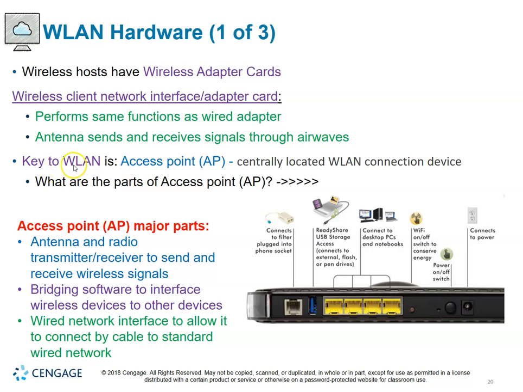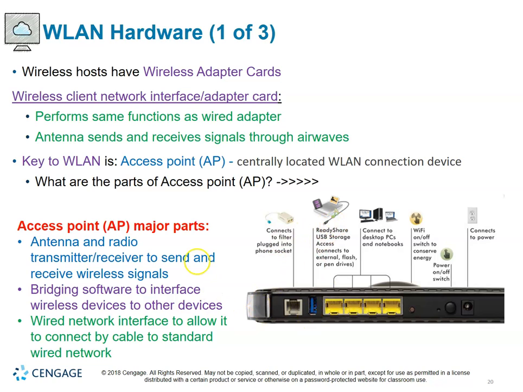So the key to a wireless local area network is this access point. It's a centrally located WLAN connection device. So what are the parts of an access point? Just take a look at your router. You'll see these are the various connections that are available on the back of it. There's what looks like a phone socket here. This connects to a filter that plugs into the phone socket.